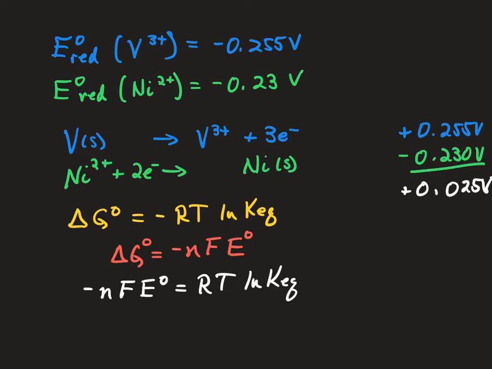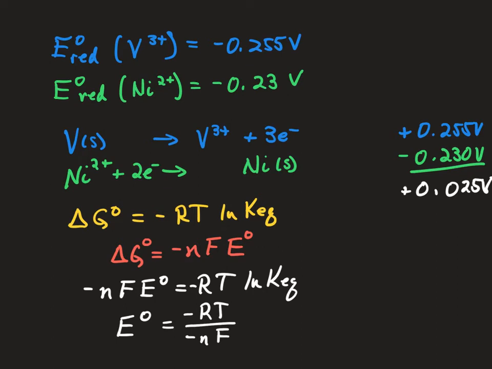And if we isolate E0 on the left side, then we end up that our E0 is equal to, keep our negative sign in there, make sure we write this down right. If we have negative RT over minus NF, then our negative signs cancel.